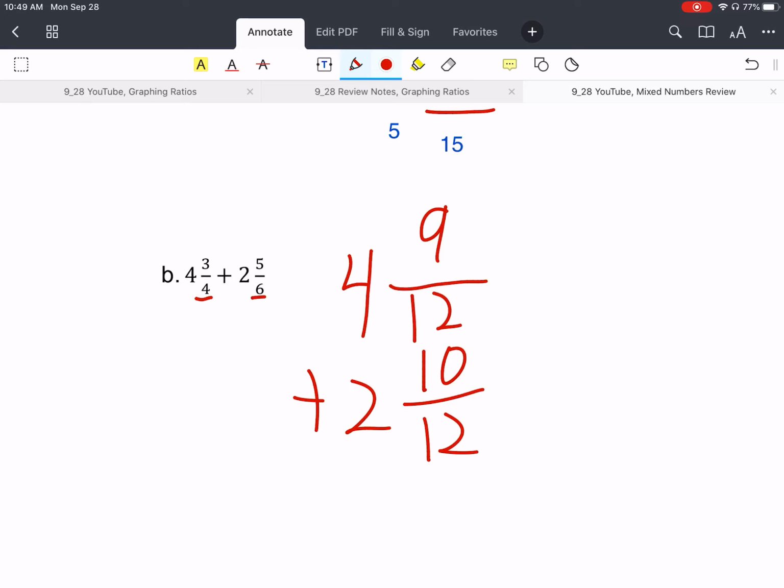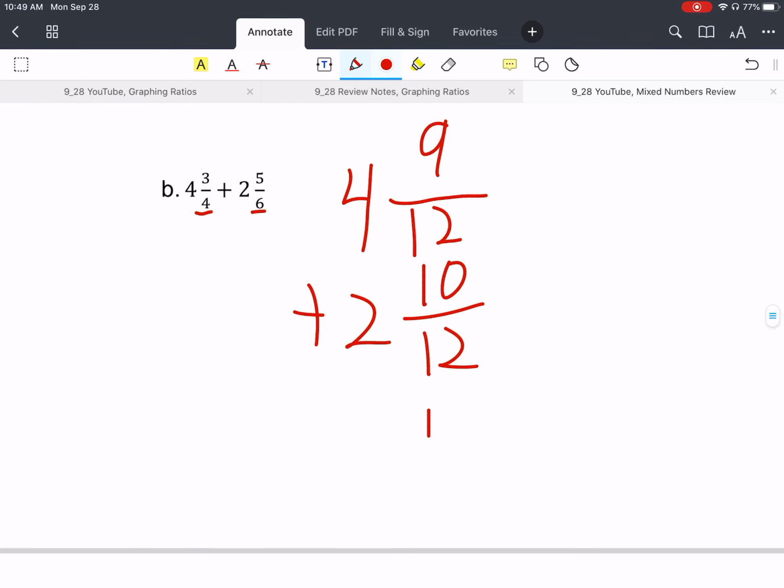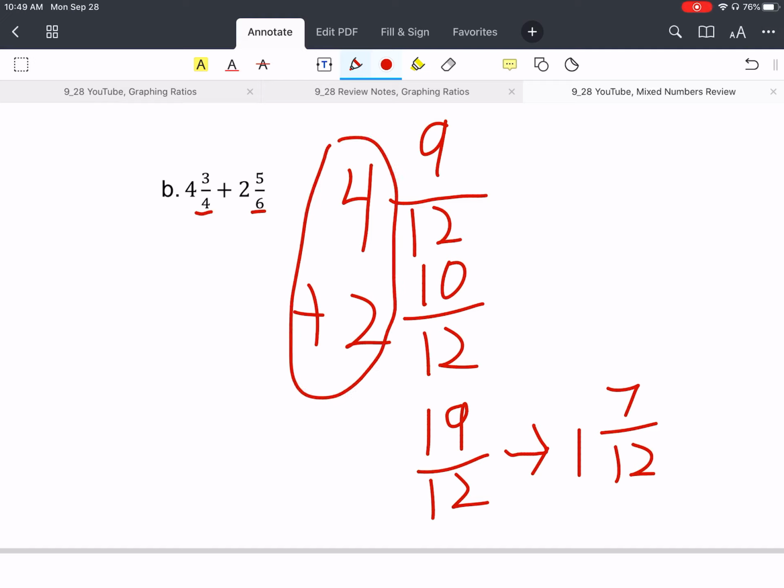And now if I add 9/12 plus 10/12, I get a total of 19/12. And what I need to do, because I don't want to have an improper mixed number, is convert this to a mixed number, which would be 1 whole and 7/12 left over, and then add up the 4, the 2, and the 1. So my final answer for this would end up being 7 and 7/12.